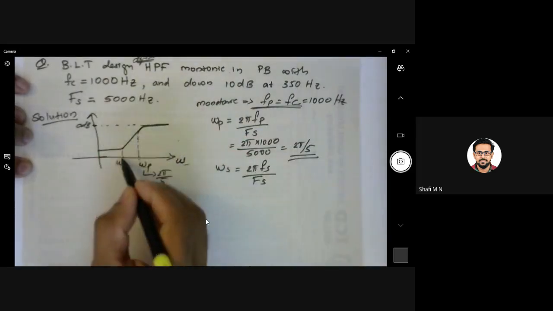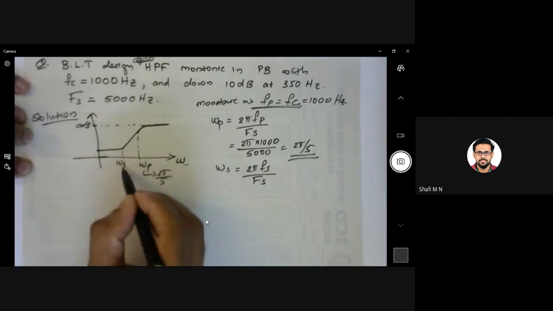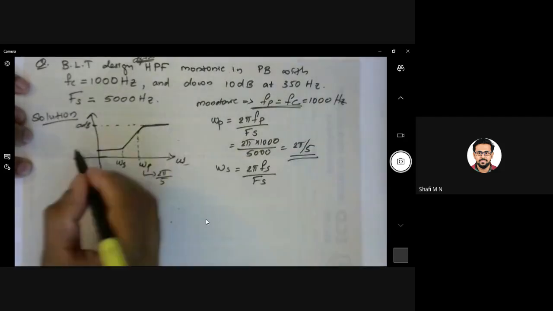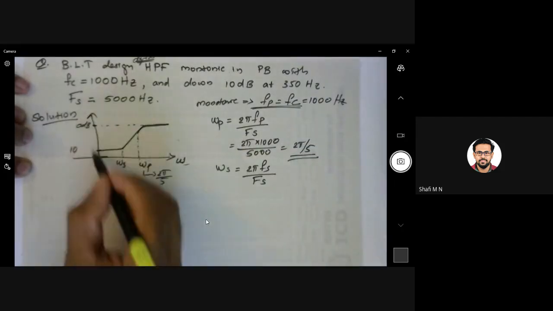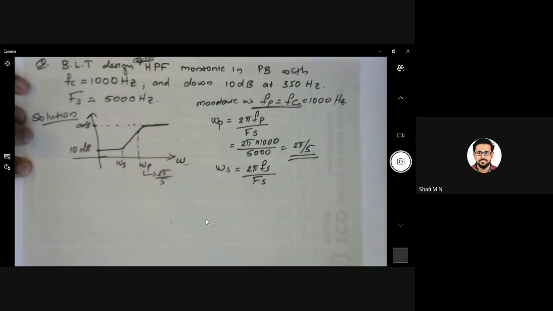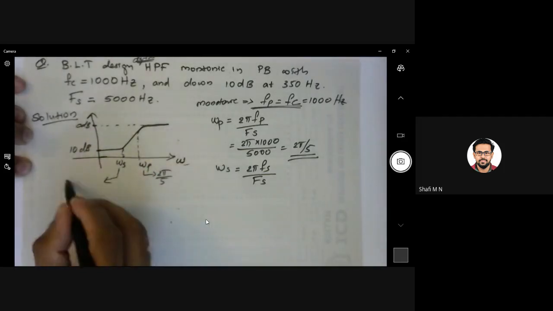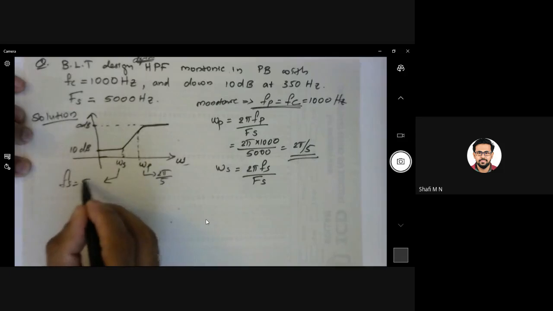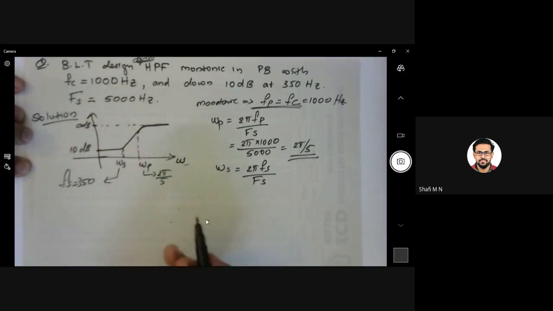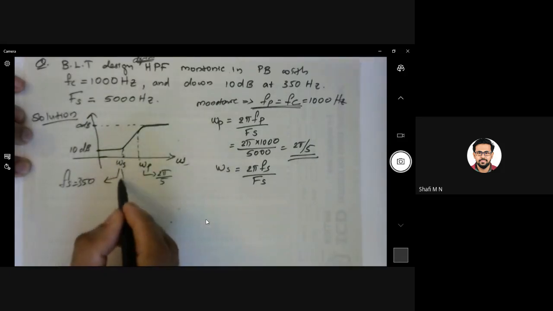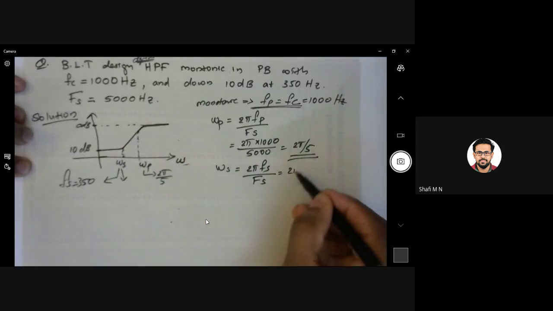So he is saying that at 350 Hz, it's down 10 dB. The response is going down by 10 dB at 350 Hz. So fs is given to you. Fs is 350 Hz. So what will be omega s? Just find its value. 2 pi into 350 divided by 5000.